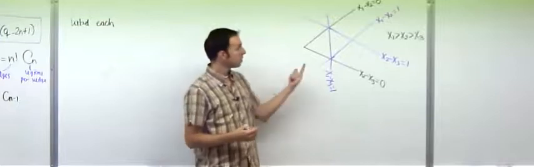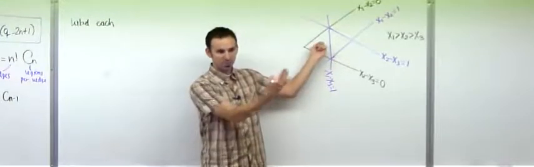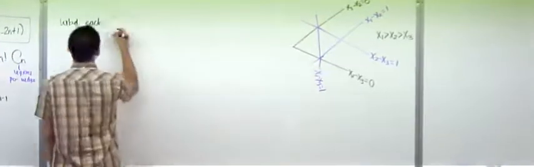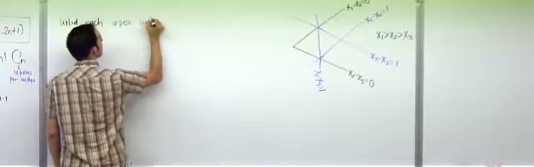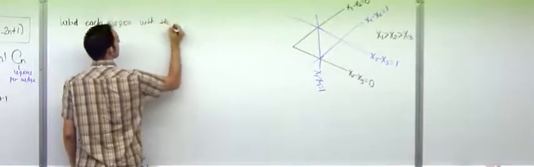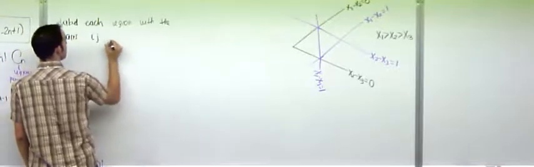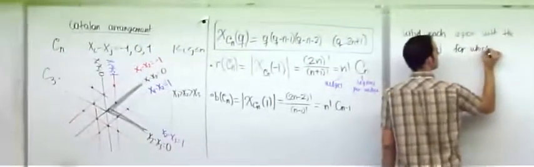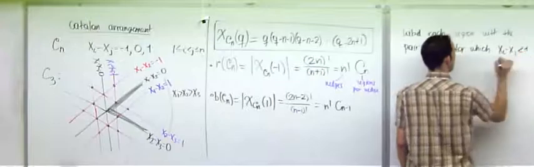And so what I'm going to do is basically, for each region, I'm going to make a list of the hyperplanes for which I am on the negative side. So label each region with the pairs ij for which xi minus xj is less than 1 in that region.